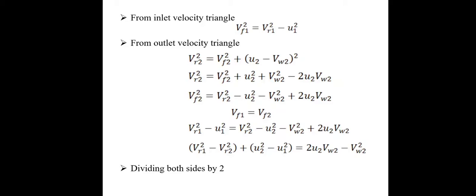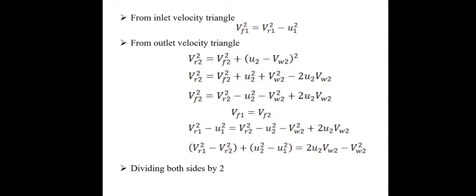So substituting for VF2 from the inlet velocity triangle, VR1 square minus U1 square is equal to VR2 square minus U2 square minus VW2 square plus 2 U2 VW2. Rearranging the terms, VR1 square minus VR2 square plus U2 square minus U1 square is equal to 2 U2 VW2 minus VW2 square.